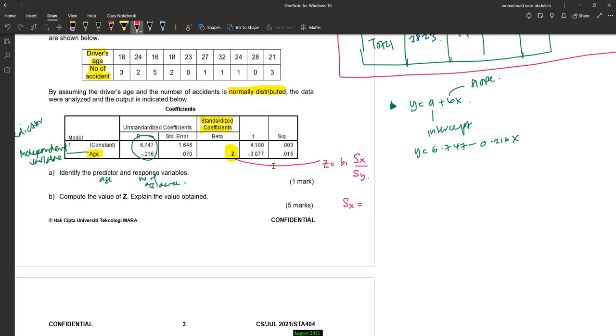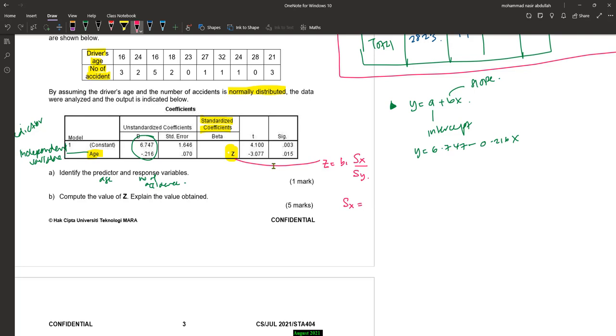So sx is basically the standard deviation of x, sorry, this is not the variance, it is the standard deviation of x divided by the standard deviation of y. How do we calculate the standard deviation?